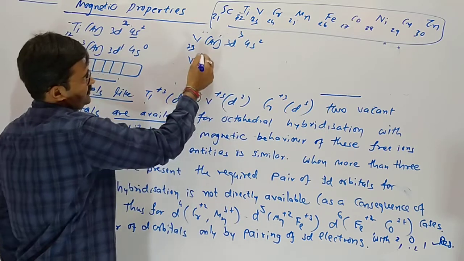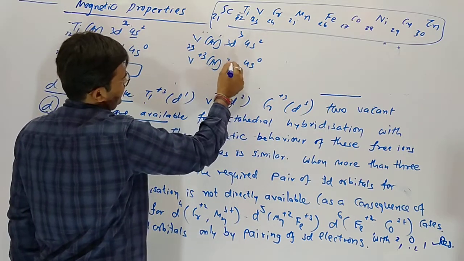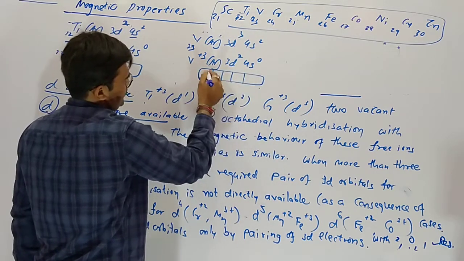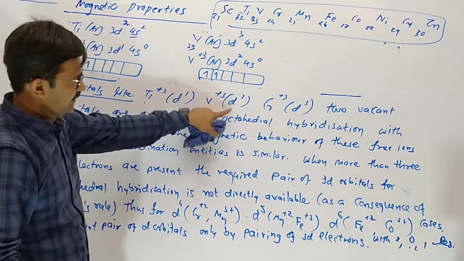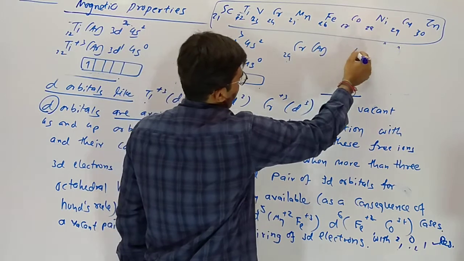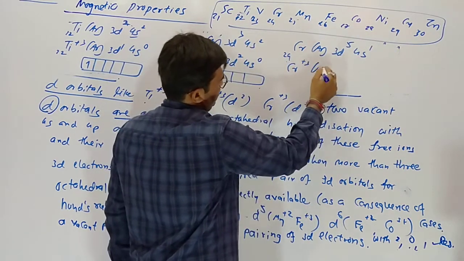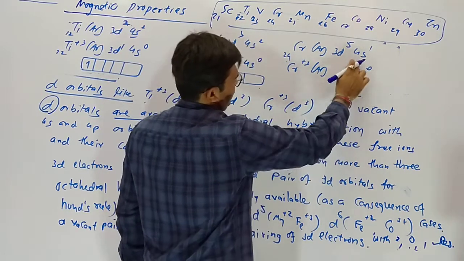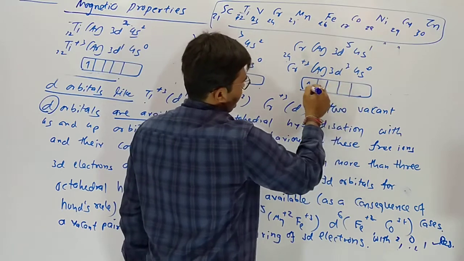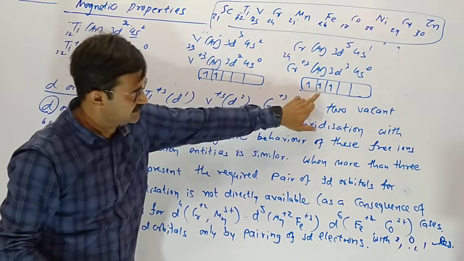In the plus 3 oxidation state, 3 are removed, so 4s0 3d2. So there are 2 unpaired electrons, d2. In chromium 24, 4s1 3d5. In plus 3, 1 and 2 are removed, so 3d3. 3 electrons are unpaired, d3 in chromium plus 3.